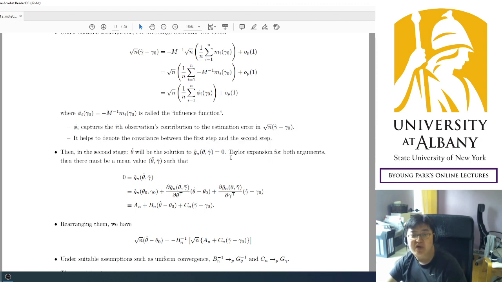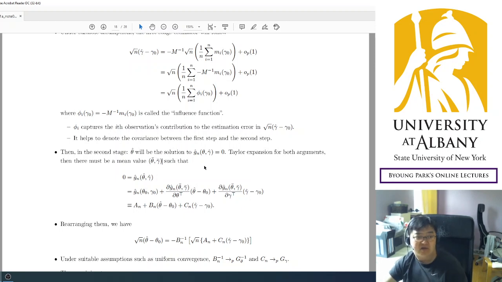And of course, we are going to Taylor approximate this moment function by a linear function of theta and gamma at the same time. So you have to differentiate this function with respect to theta and gamma at the same time. So the mean value, intermediate value, is theta bar, gamma bar.